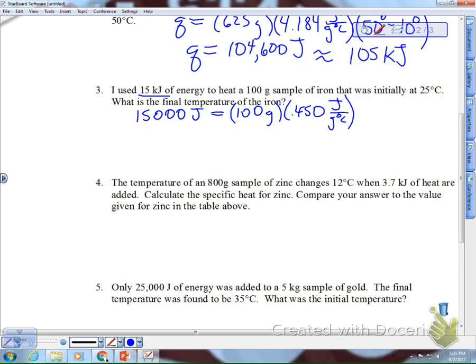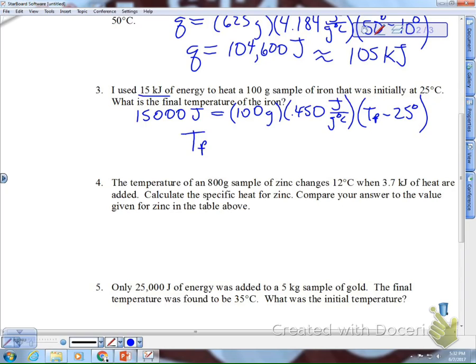And then this time, we're looking for TF if we start at 25 degrees Celsius. So there's just one additional algebra step this time. We have to divide 15,000 by 100 and then divide that by 0.45. And then we will add 25 to that.